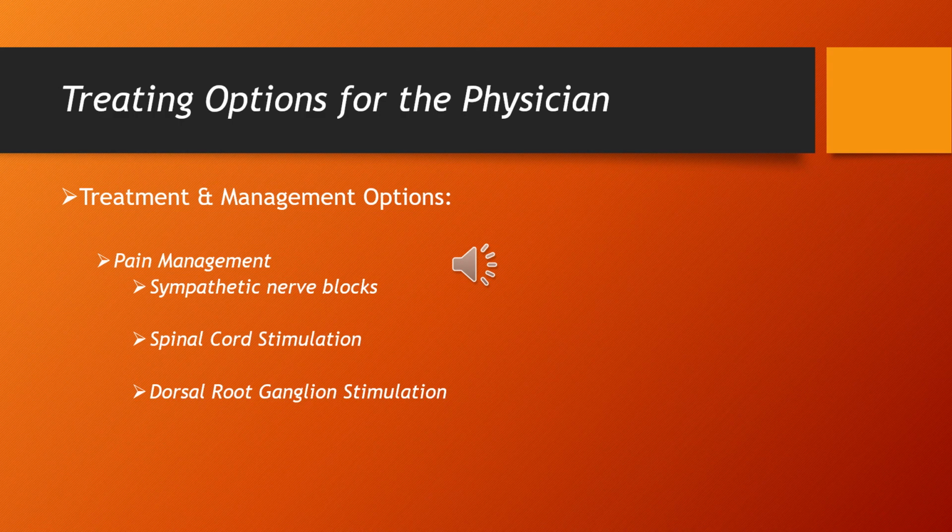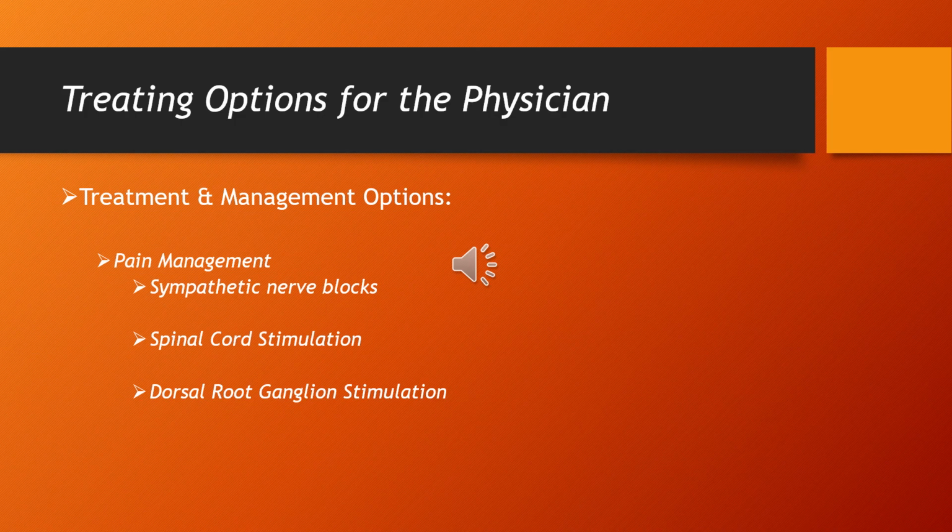Now, finally, we come to pain management as another treatment option for CRPS individuals. Aside from the pharmaceuticals that we've talked about, there are some additional interventions available for the treating physician.